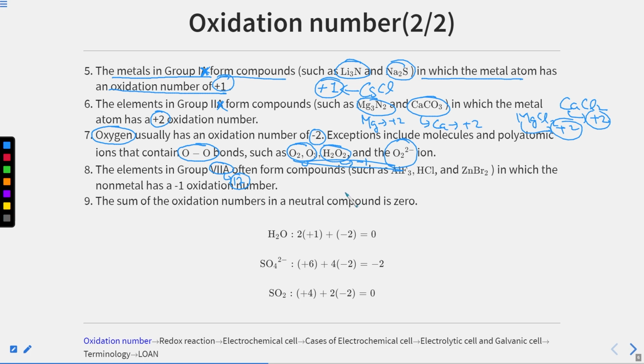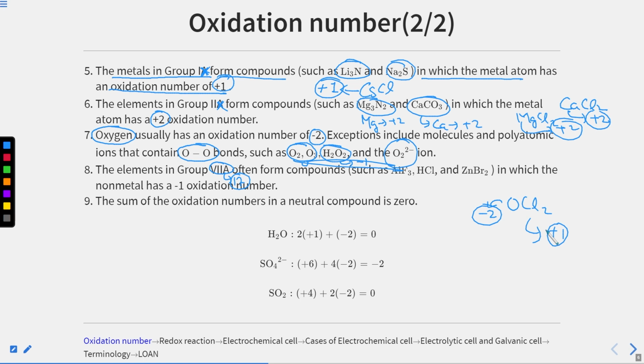If it is not combined with a metal, there is a chance that this charge can vary. So an example is OCl2, in which oxygen is a non-metal, so in this case oxygen will have a charge of -2, but chlorine will have a charge of +1. So 2 +1s will add up to +2, and overall it will be a neutral molecule.